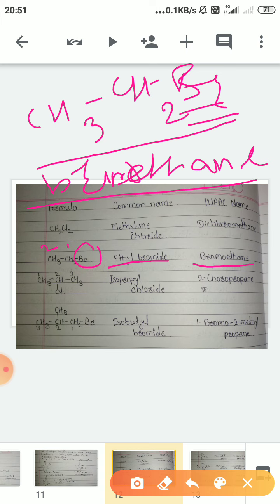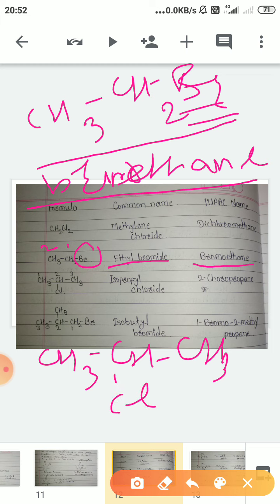Now see the next. CH3 and the second carbon atom contains chlorine. If any functional group is present on the second carbon atom of a propyl group, then this group is called isopropyl.